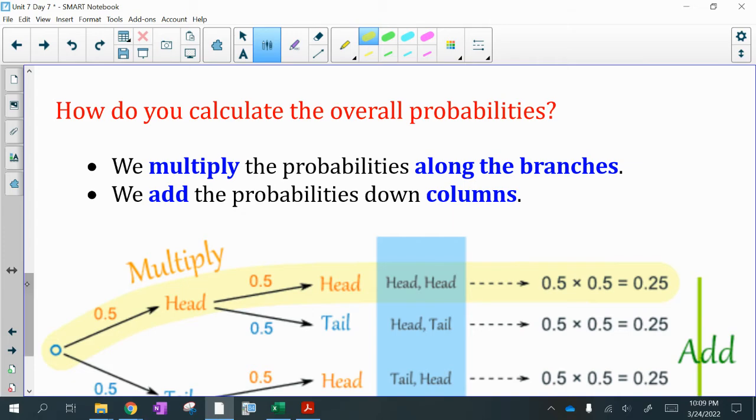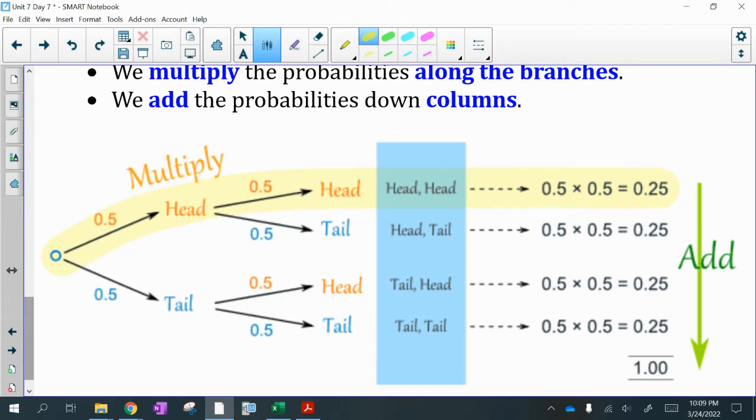If I'm trying to find the probability that I got heads and then heads, I'm going to follow the path. I go along here, and you can see I got heads the first time, and I got heads the second time. Then I multiply 0.5 times 0.5 to represent that.